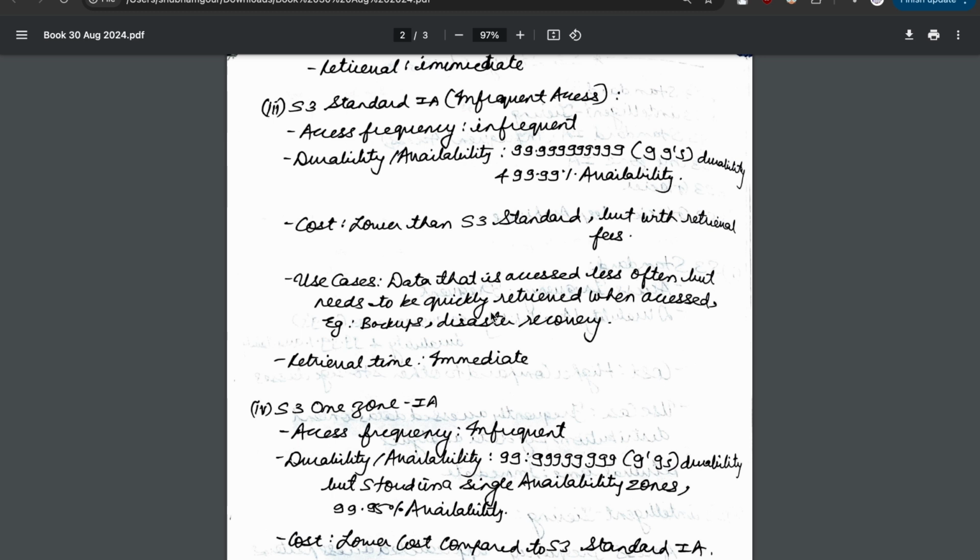The cost is lower than S3 Standard, but it comes with retrieval fees. Here the use case would be data that is accessed less often but needs to be quickly retrieved when accessed. It can be used for disaster recovery and backup. Here the retrieval time is immediate. In both S3 Standard and S3 Standard-IA, the retrieval time is immediate.